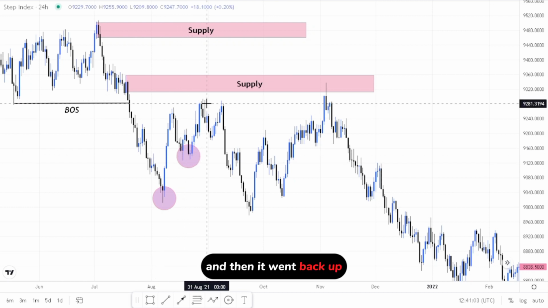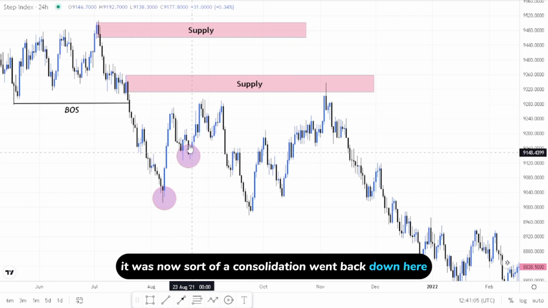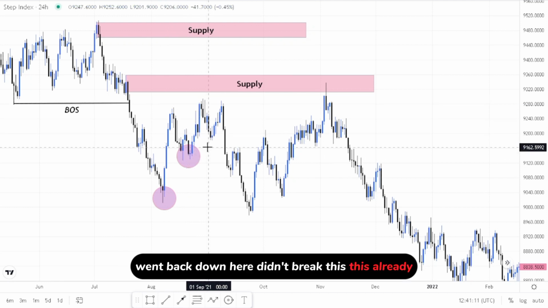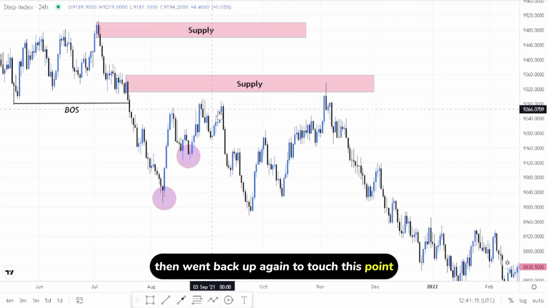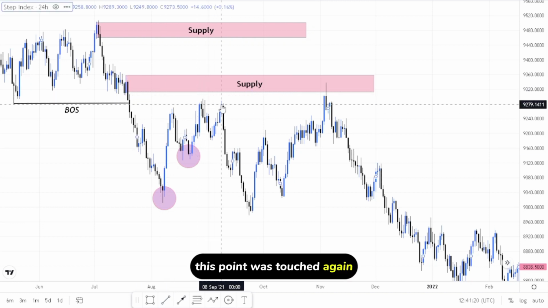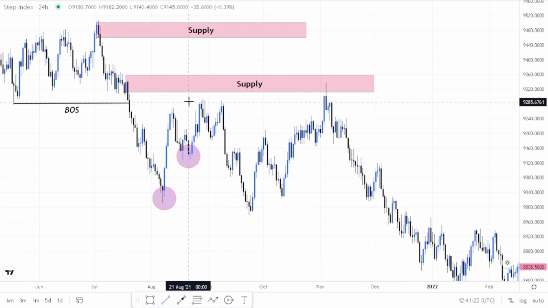And then it went back up. It was now in a sort of consolidation. It went back down here, it went back up again, it went back down here, it didn't break this low right here. Then it went back up again to touch this point. This point was touched again, right?